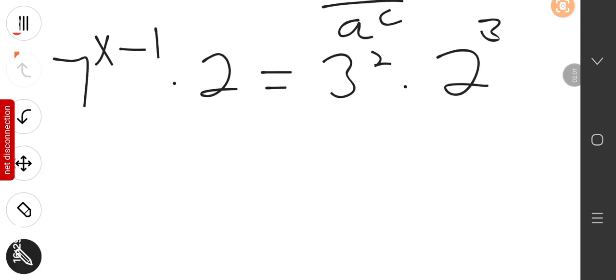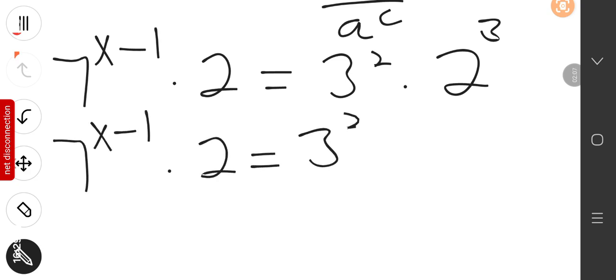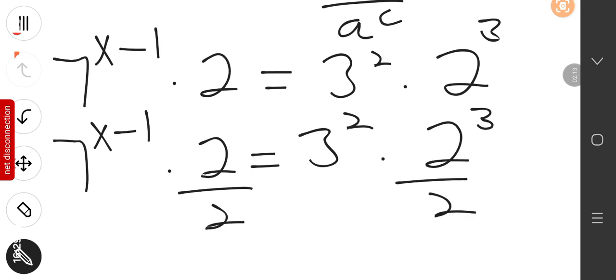So this is going to give us 7 exponent x minus 1 times 2 equals 3 exponent 2 times 2 exponent 3. Now let's divide here by 2 and then here by 2, and remember 2 has a power of 1.